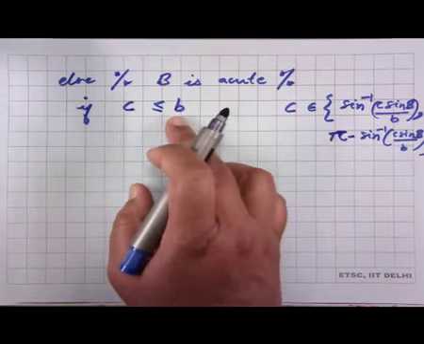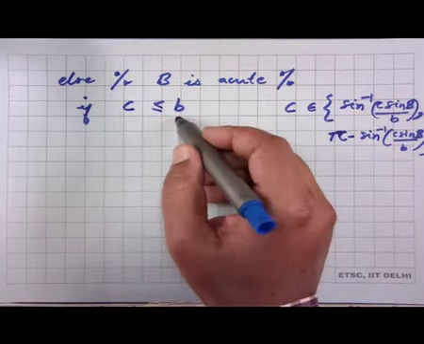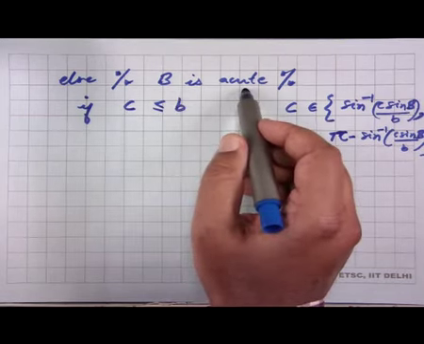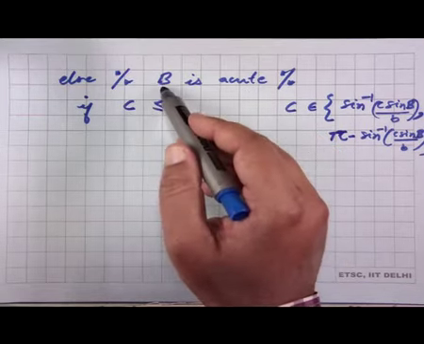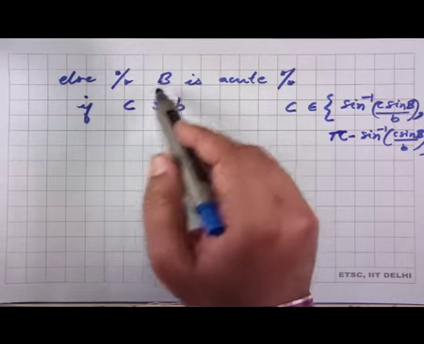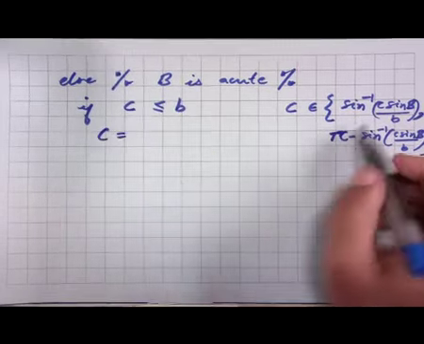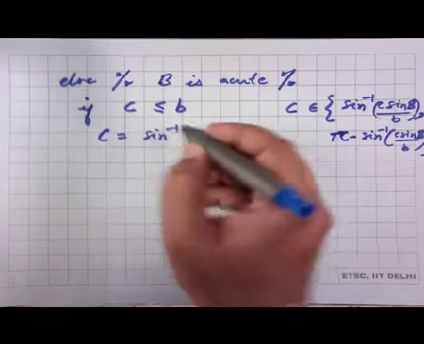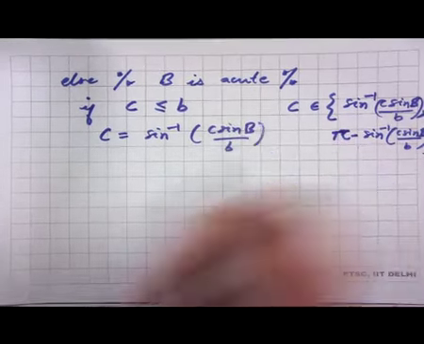The angle B is already given as acute in this scenario, and because angle C has to be less than angle B, angle C has to be also acute. Therefore, the only possibility out of these two is that C is equal to the acute angle, which is sine inverse of C sin B upon B.